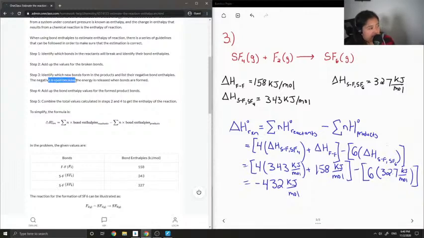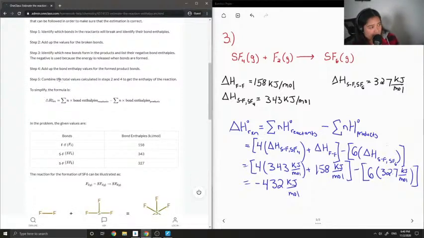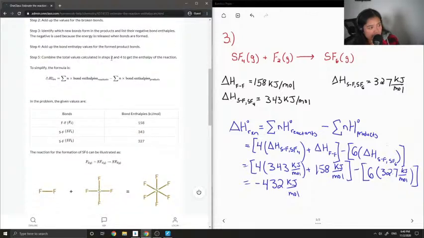The negative is used because the energy is released when bonds are formed. Step 4, add up the bond enthalpy values for the formed product bonds. Step 5, combine the total values calculated in step 2 and 4 to get the enthalpy of the reaction.